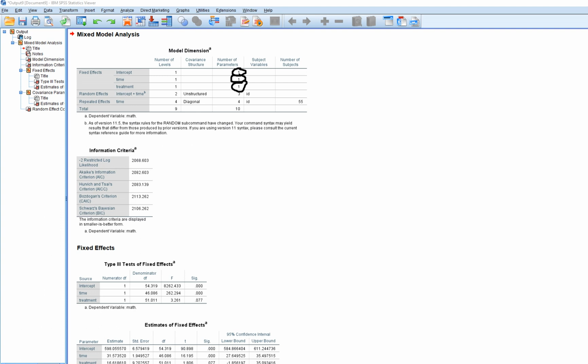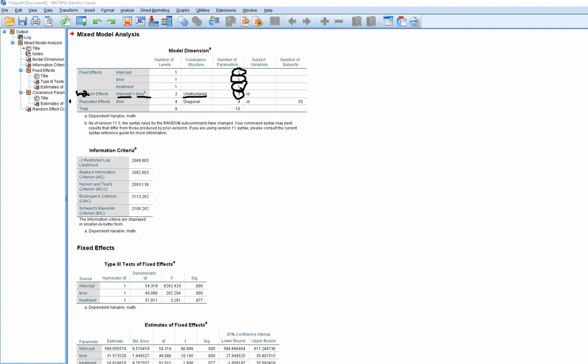In terms of the random effects, we're computing the variance of the intercepts across students and the variance of the slopes across students for time. Because we've asked for an unstructured covariance matrix, we're estimating 3 parameters associated with that matrix: the variance of the intercepts, the variance of the time slopes, and the covariance between the two. So this is essentially level 2, modeling level 2 outcomes.